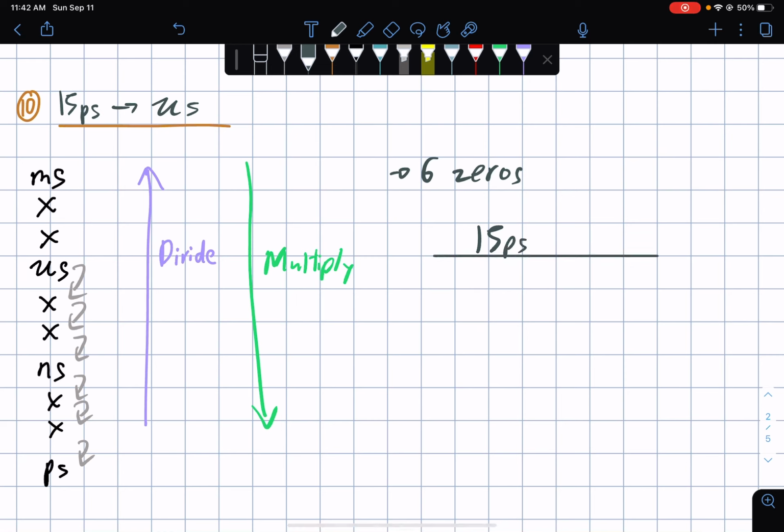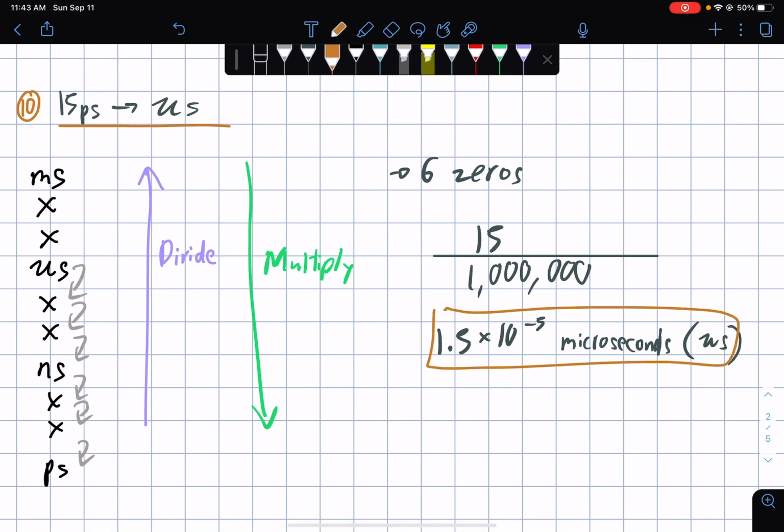And our denominator would be the microseconds, depending on how many zeros it has. So right now we have 6 zeros, so it's 1 million. So 15 divided by 1 million, our answer is 1.5 times 10 raised to negative 5 microseconds, or in other words, µs.